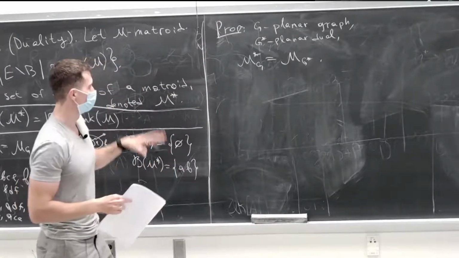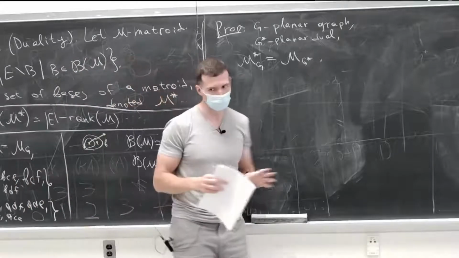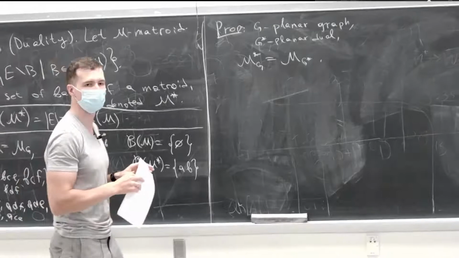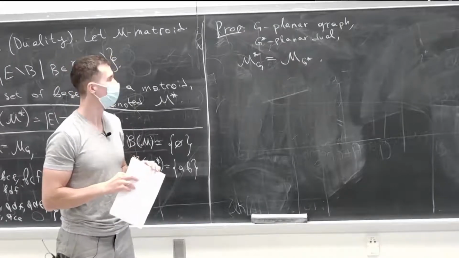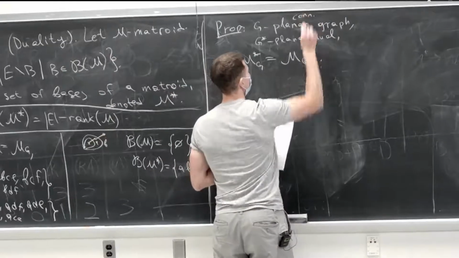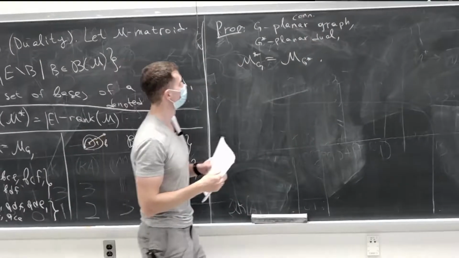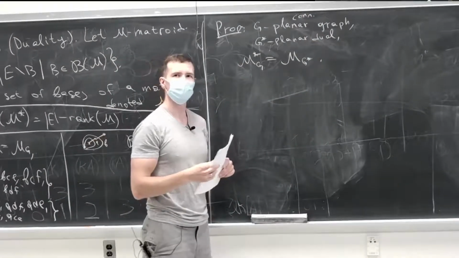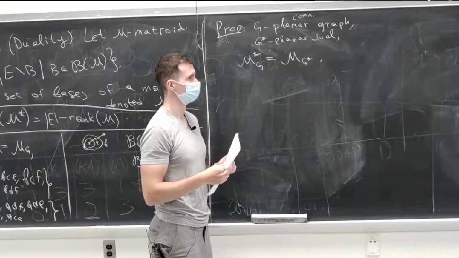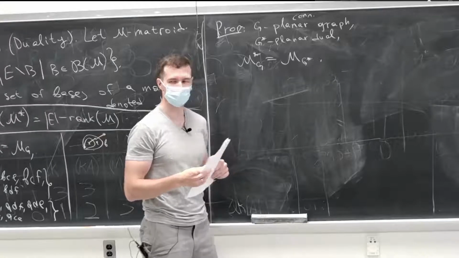There is a problem with this statement which you should start asking questions about. What if G is not connected? Let's assume connected. G star, could it be not connected? I think it's going to be connected. I have to think about it.